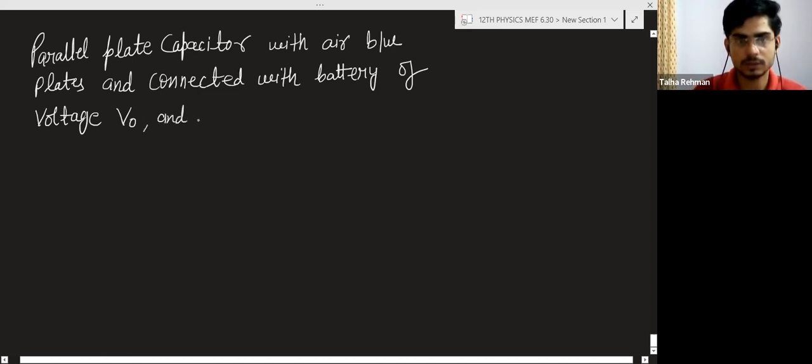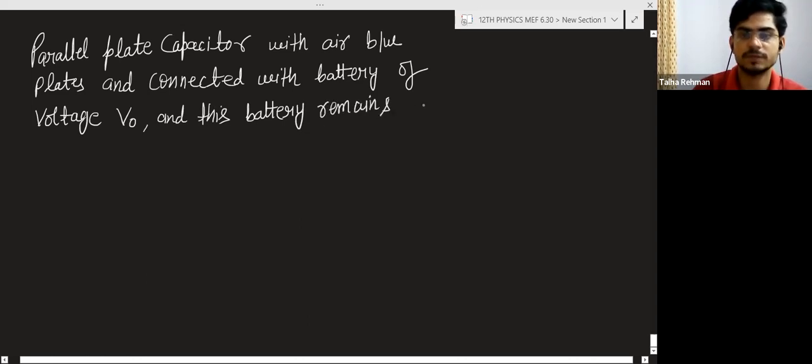And this battery remains connected. This thing is very important. Remains connected.